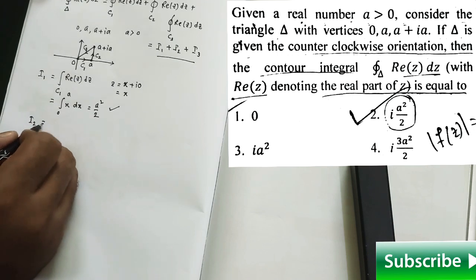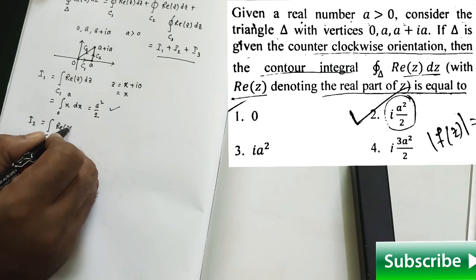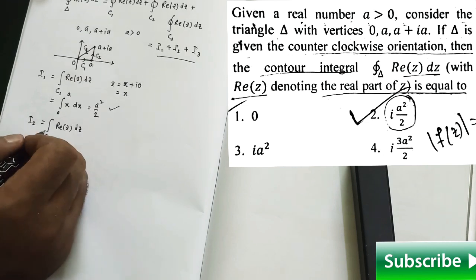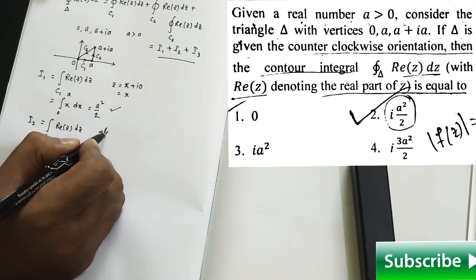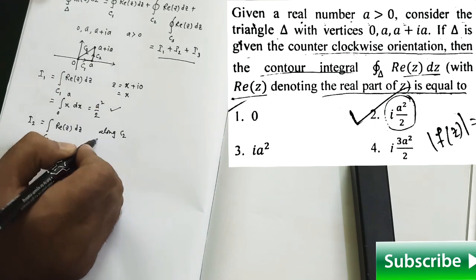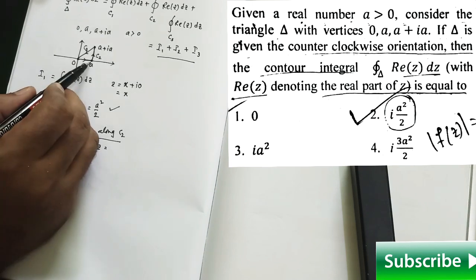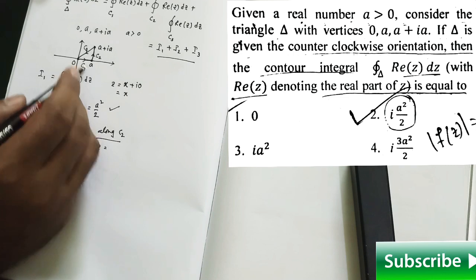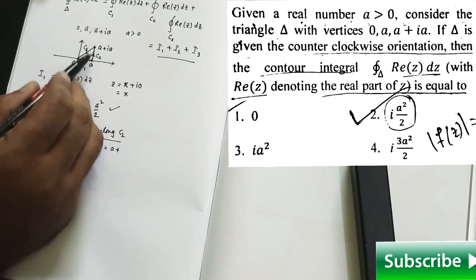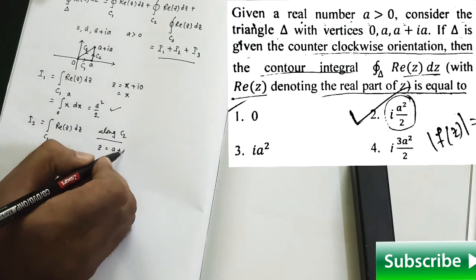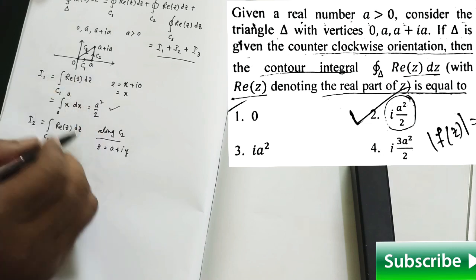Now take it, find the value of I2. It is going to be integral of real part of z dz. Now observe along C2, z is going to be, look at x component is a, so a plus, y component here it is varying, so i into y, clear, along C2.